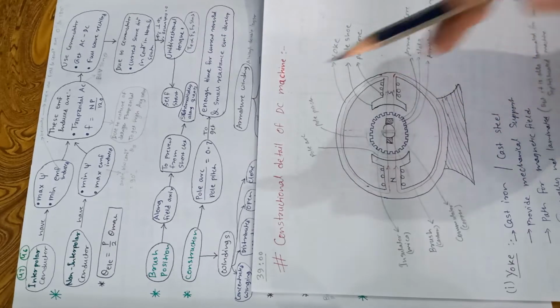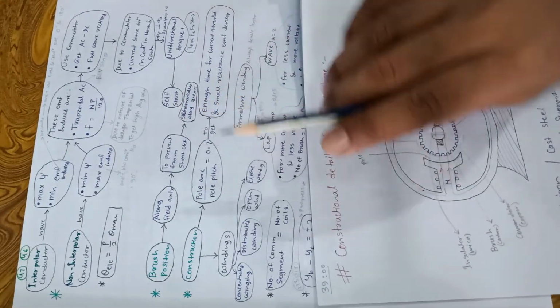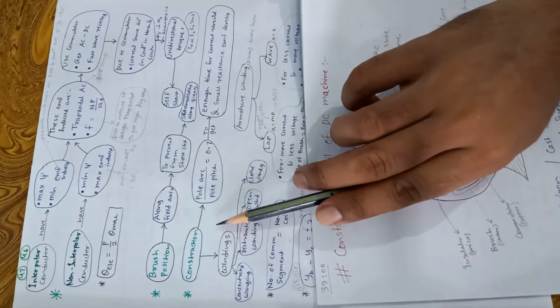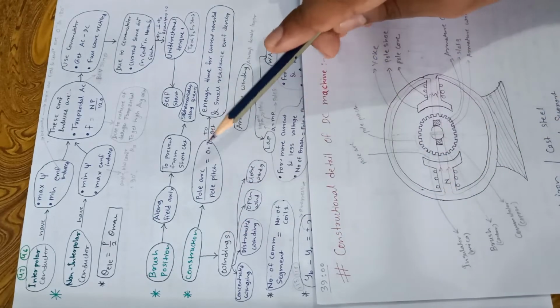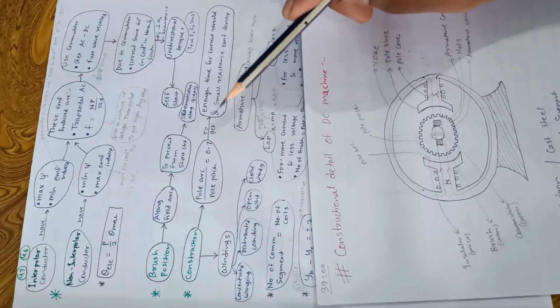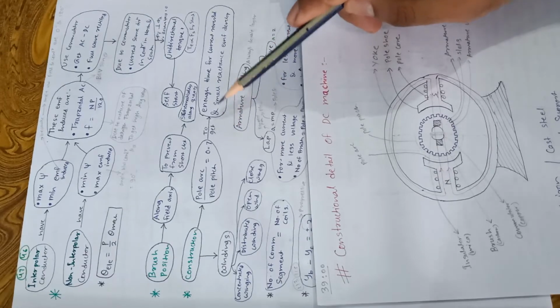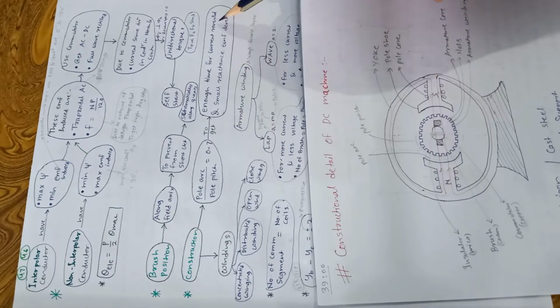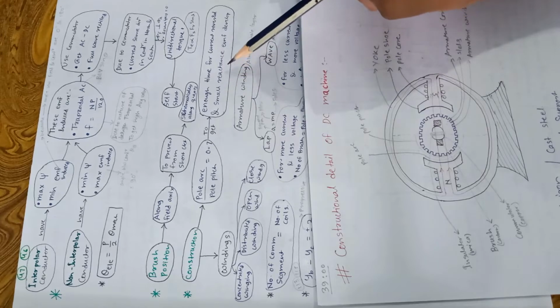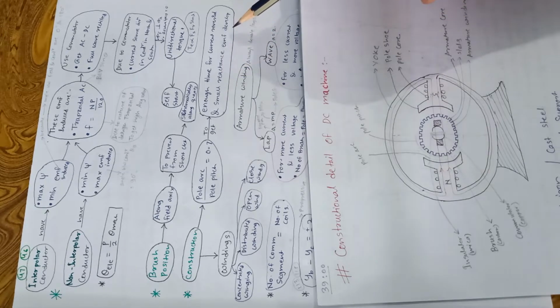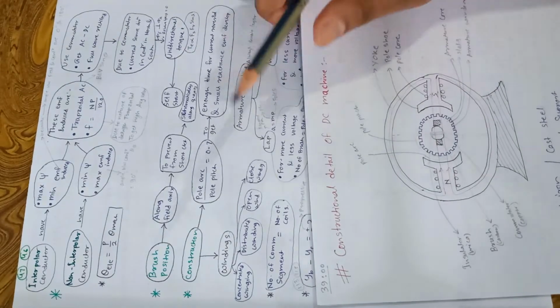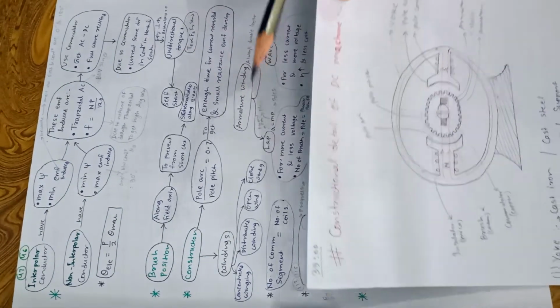In construction, what we have to mainly remember is that pole arc upon pole pitch is 0.7. Why is it 0.7? To get enough time for current reversal, and so that a small reactance EMF is induced, okay.